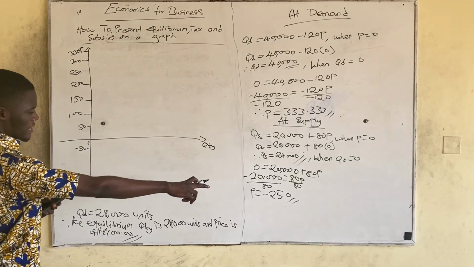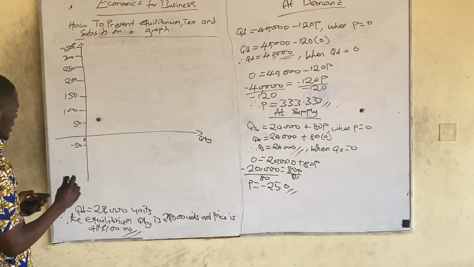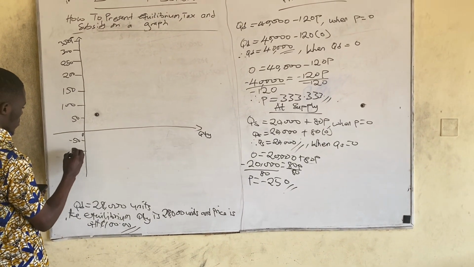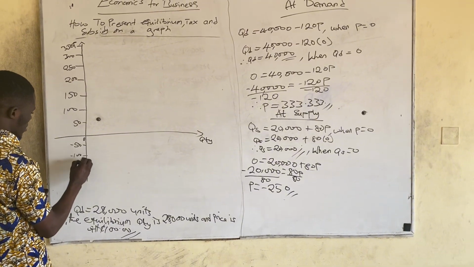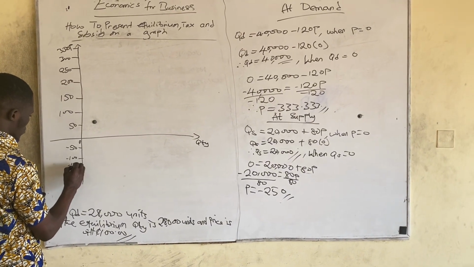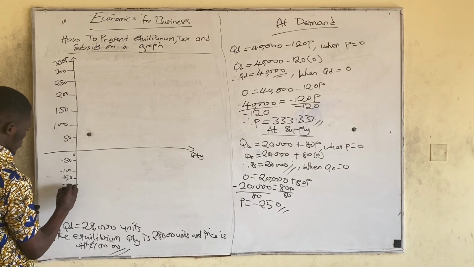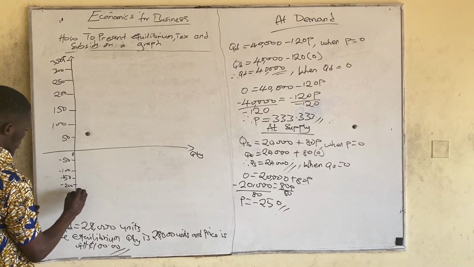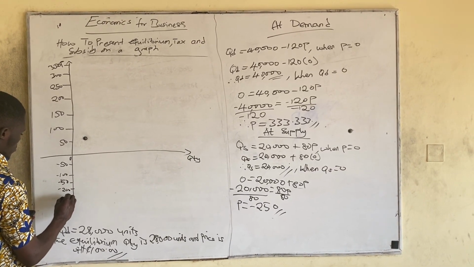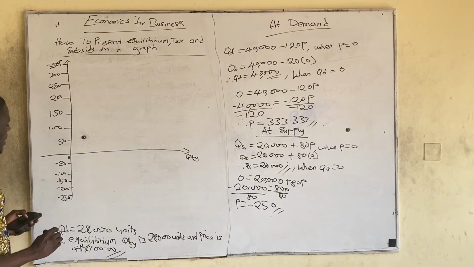Because we have negative as price, we need to also indicate minus 50 there. We will get our minus 100, minus 150, minus 200, then minus 250, like this.